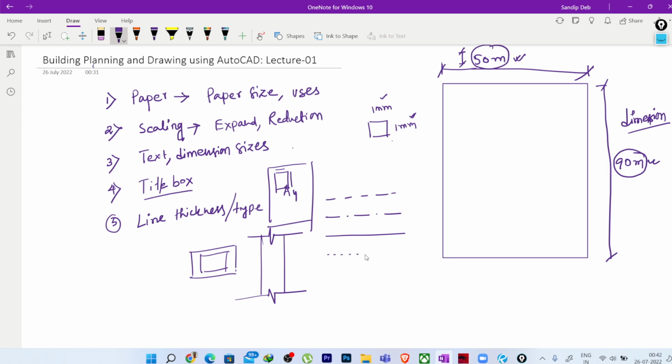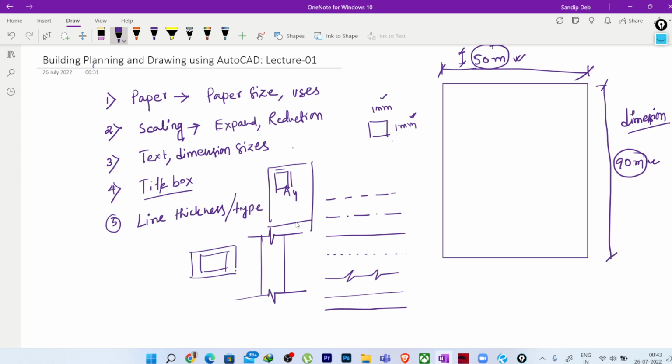We have very thin lines and very thick lines. So we need to understand where to use which type of line or thickness of line. These are the things we have already studied in our engineering drawing, or building planning and drawing, but I'm brushing it up before starting the drawing in AutoCAD.